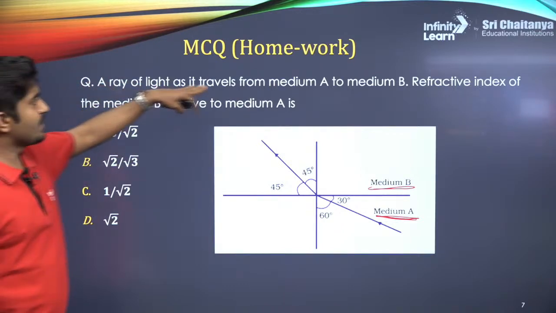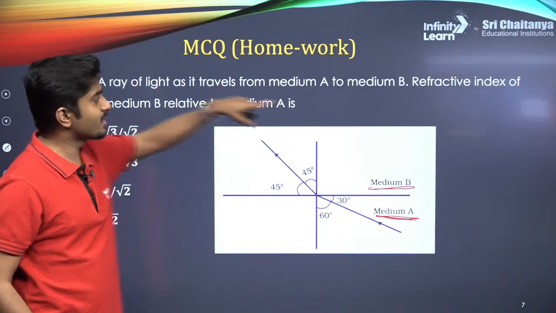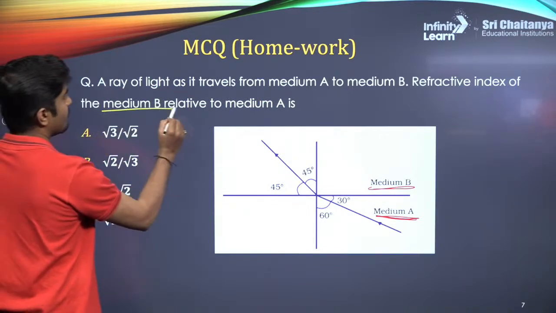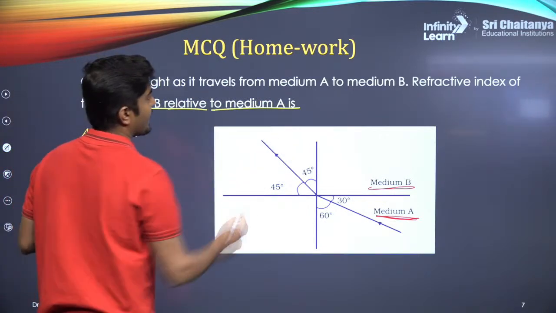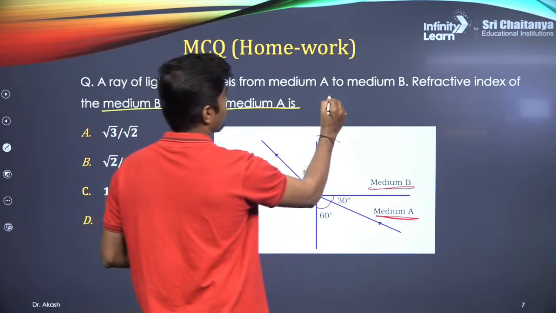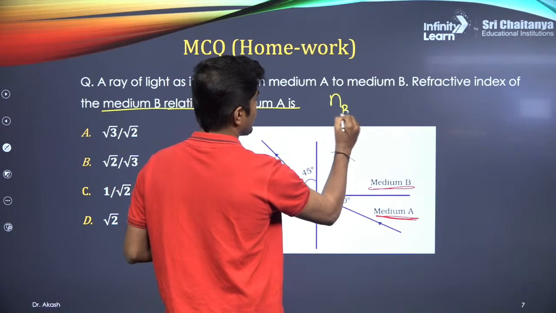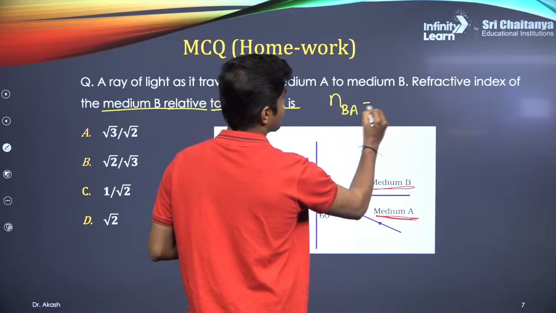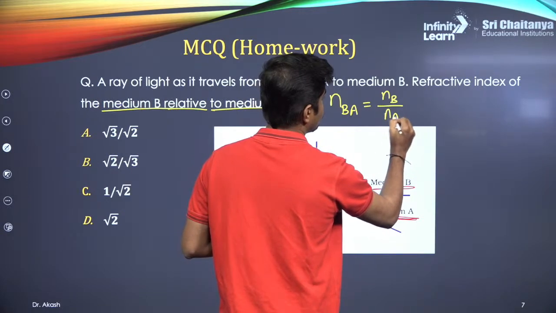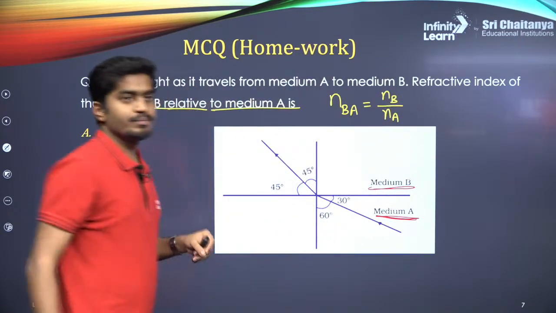A ray is traveling from medium A to medium B. We want to find the refractive index of medium B relative to medium A, that is simply NB by NA. So this ratio you need to calculate.